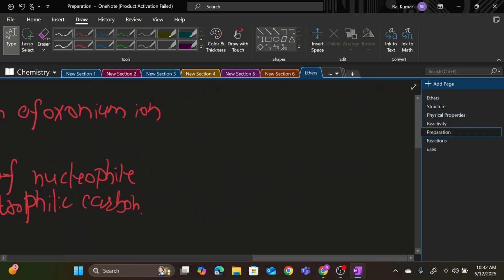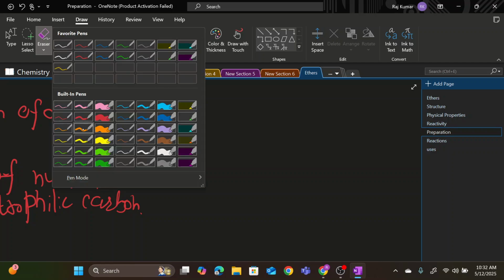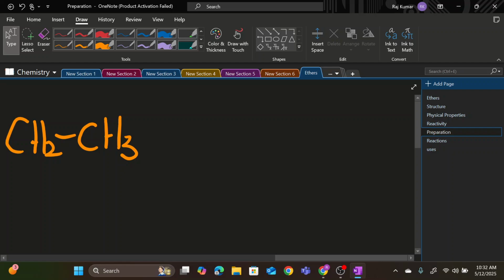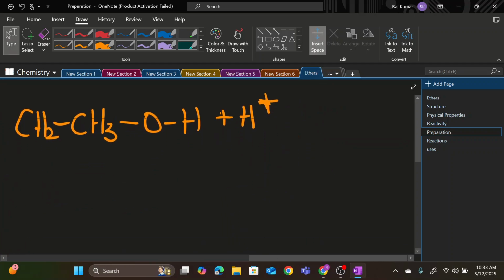For example, let's say I take this. This is the OH. What actually will happen is, the oxygen takes a proton, because we are using a dehydrating agent, and the proton is obtained from the dehydrating agent.